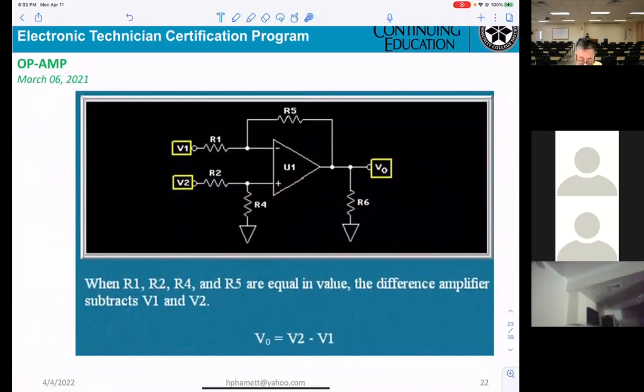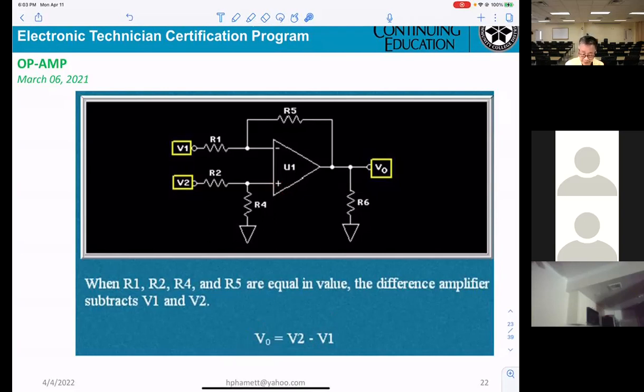When R1, R2, R4, R5 have the same value, the differential amplifier's Vout will be the difference between Vs positive minus Vs negative.